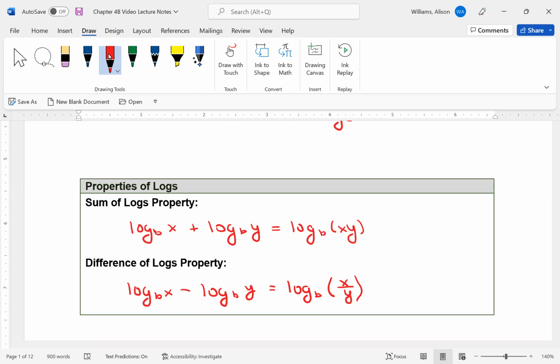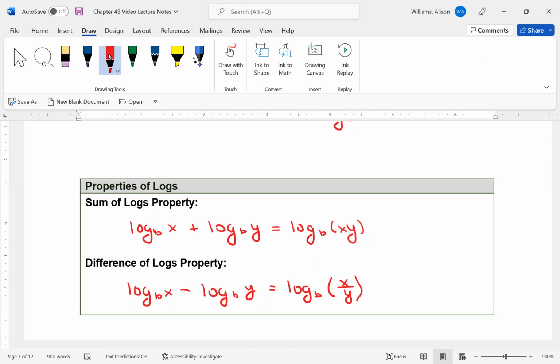Now, really quick, it helps to understand that when we're talking about logarithms, we're really talking about exponents. So when two things are being added, really meaning multiplication, they're referring to the idea of exponents.